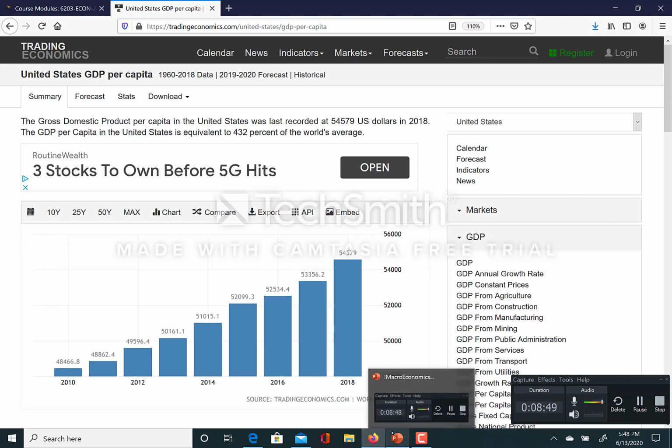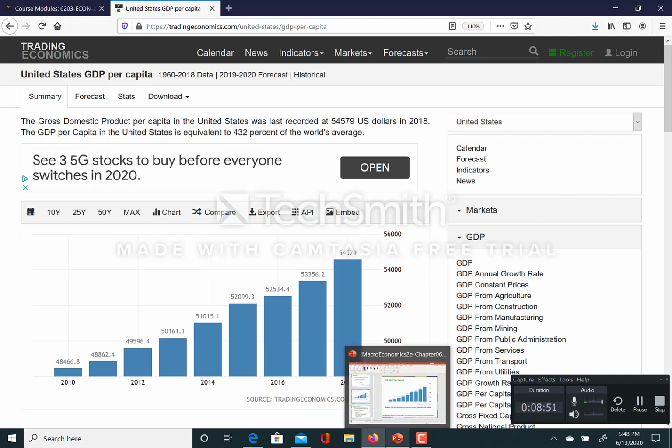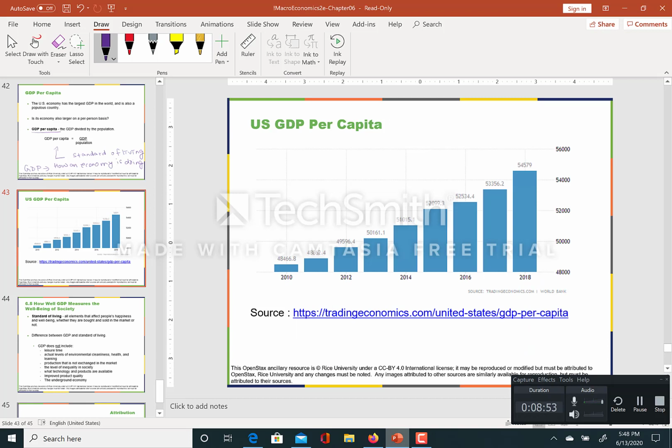One of the fallacies of GDP per capita is we make the assumption that this is the total production, and this is also equal to the total income per person in an economy, and that's not right.